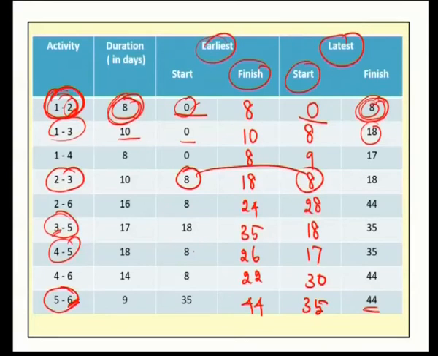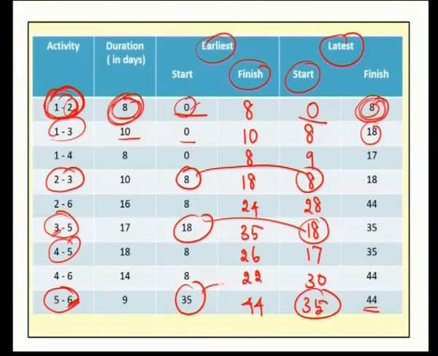The next earliest starting time and latest starting time that coincide is 18, for the activity 3 to 5, and finally for the activity 5 to 6, both coincide.